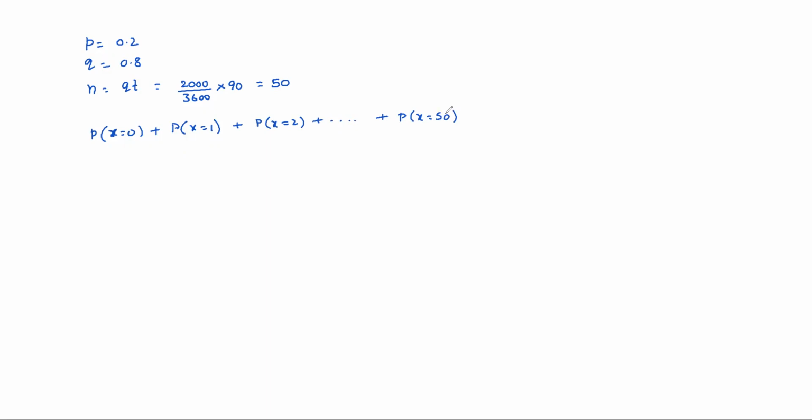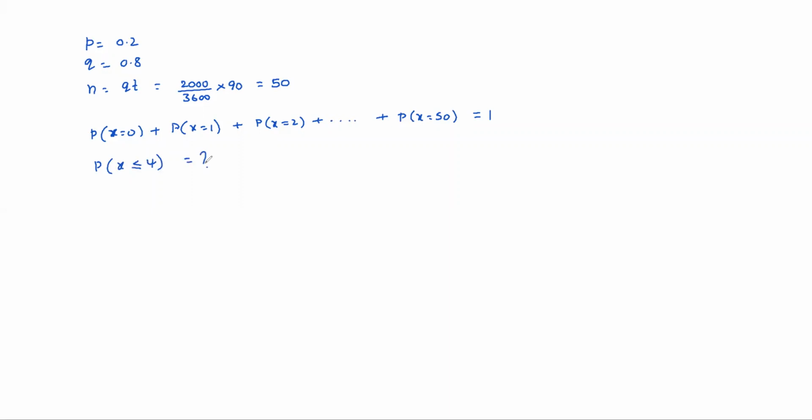Out of 50 vehicles, zero may take a left turn, one may take a left turn, two, three, and similarly all 50 may take a left turn. Total probability is obviously 1. He is asking the probability that no more than, meaning less than or equal to, 4. Probability of x less than or equal to 4 is the question.